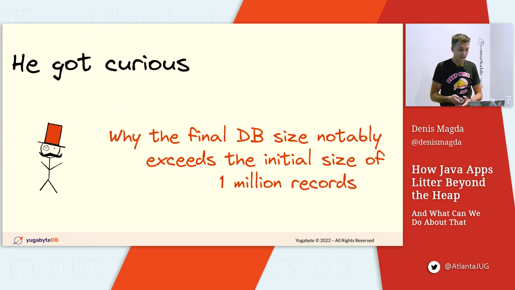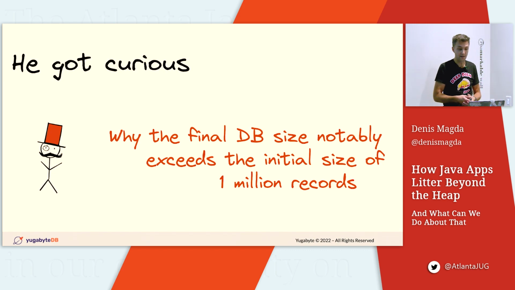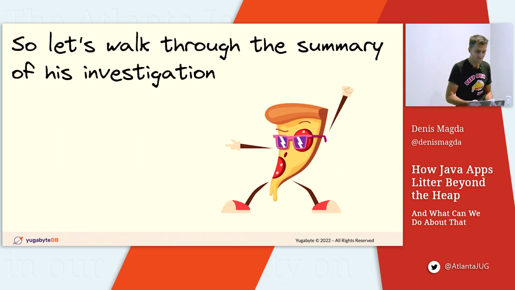And eventually, when he checked the database size after deleting all of the data, for some reason, the database size exceeded the initial size of all of those 1 million records. And he got confused. What's happening? I inserted those values, I updated those values, and then I deleted those values. Why is the data still in the database? And the total size of this data exceeds the initial size of those 1 million records.